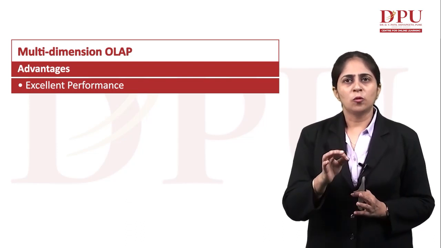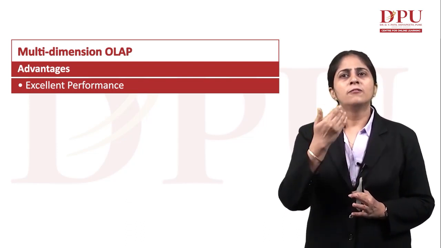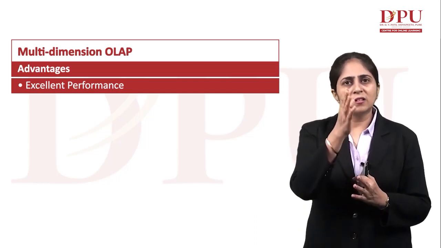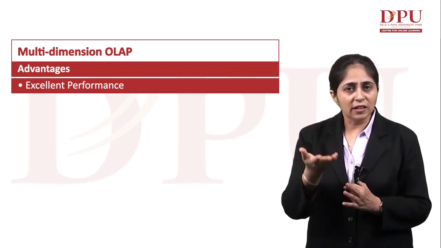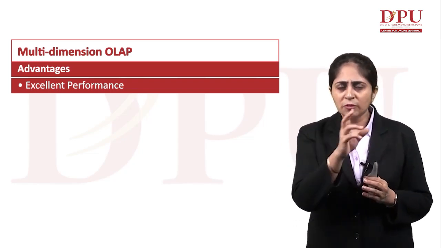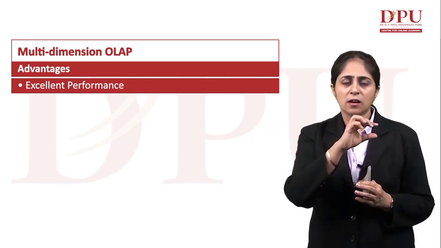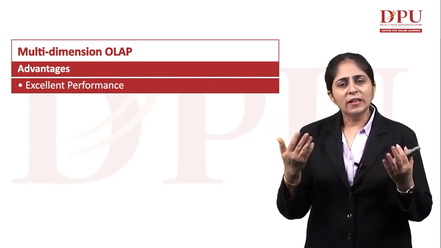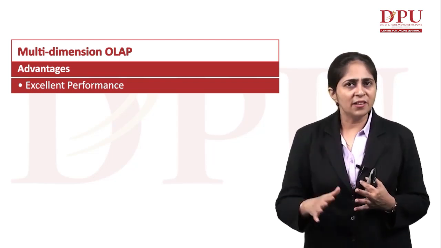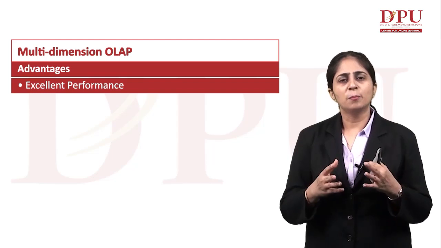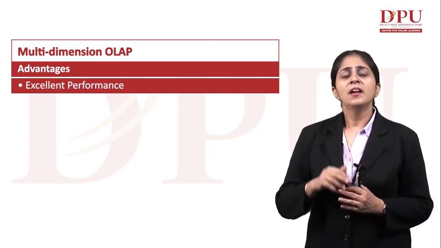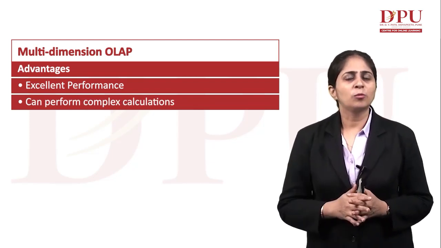A MOLAP cube is built for faster information retrieval, and it is optimal when we require slicing and dicing operations. When we want to see a particular point of data, a particular record, this MOLAP provides us excellent performance because it is built for fast information retrieval.